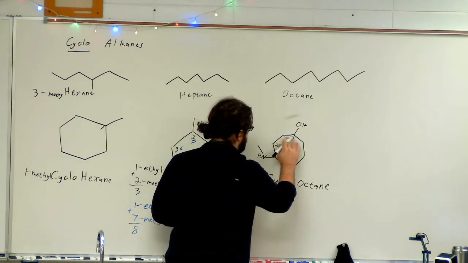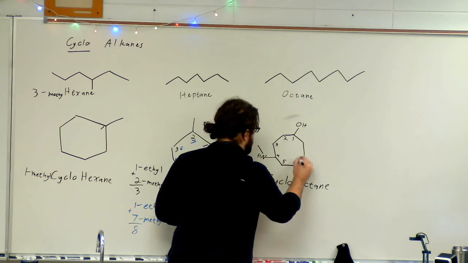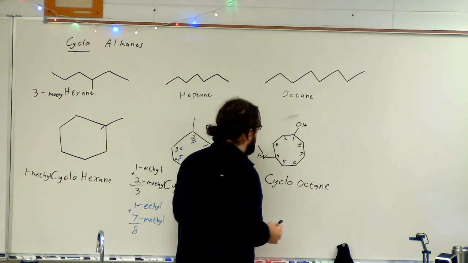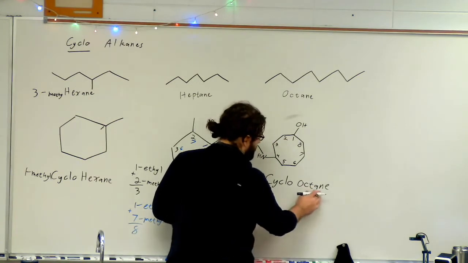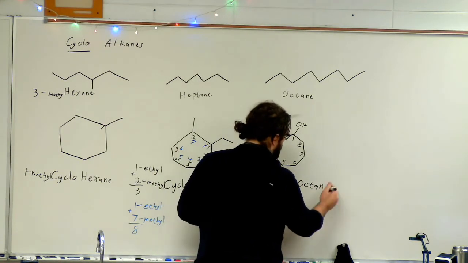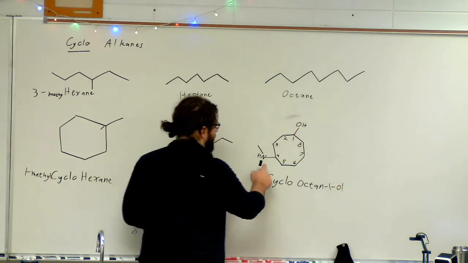Sorry. So this will be 1 for an alcohol, so cyclooctane-1-ol. And then I'm going to have an amine group on the 4.